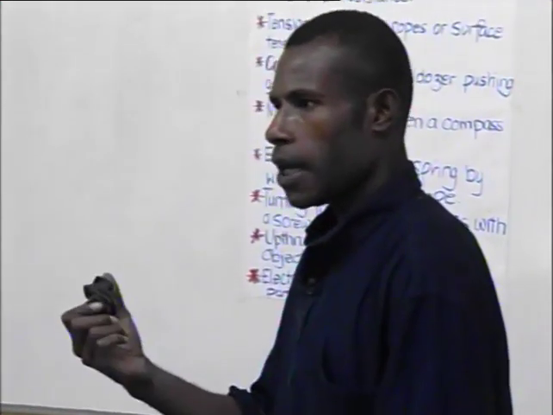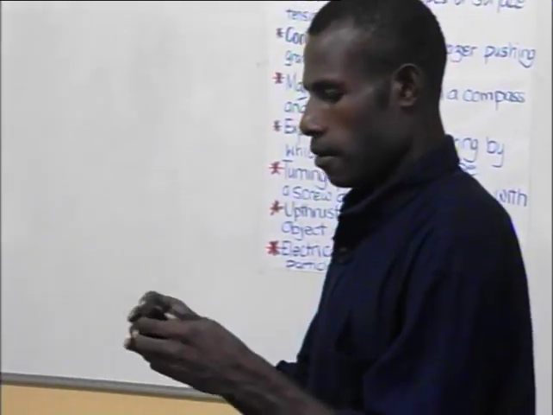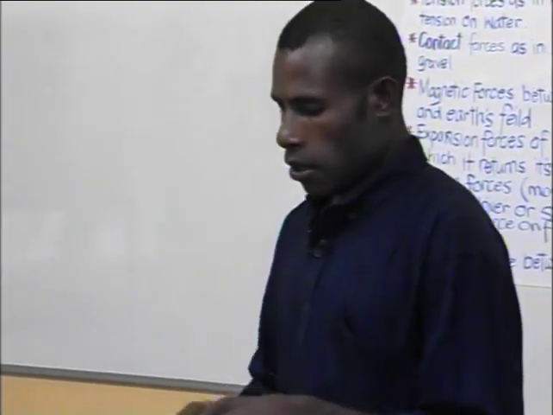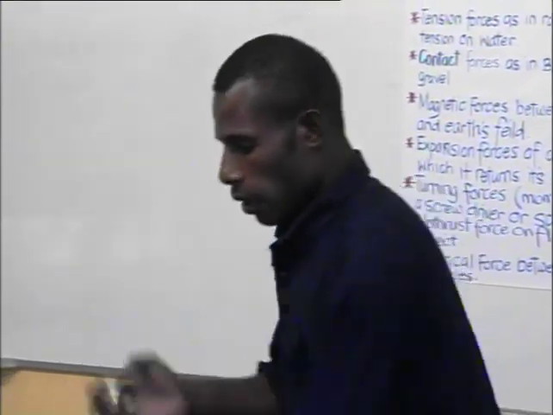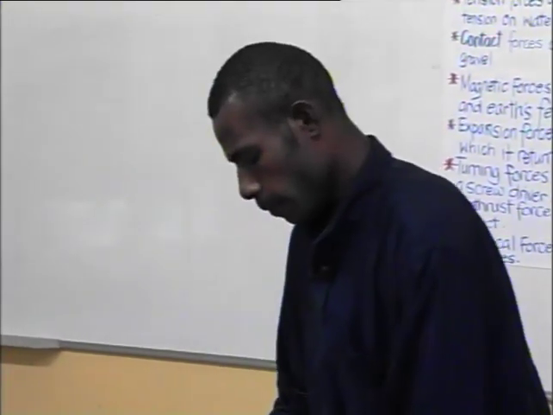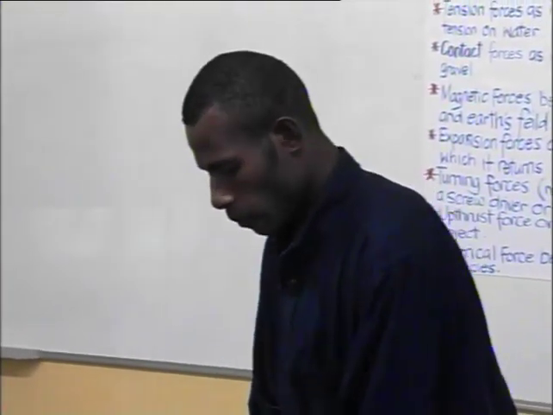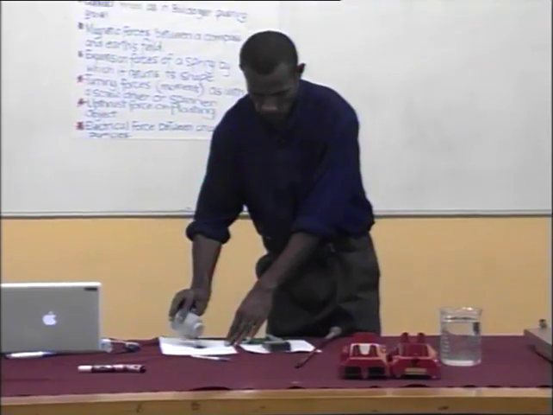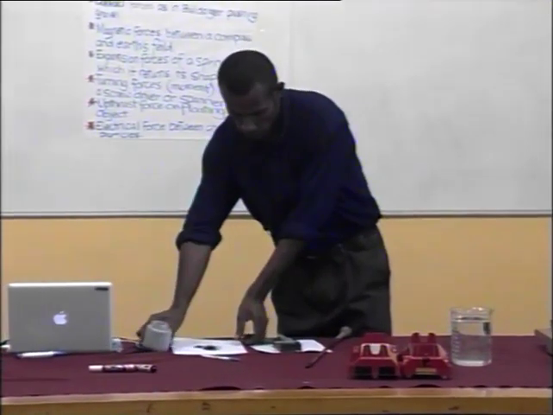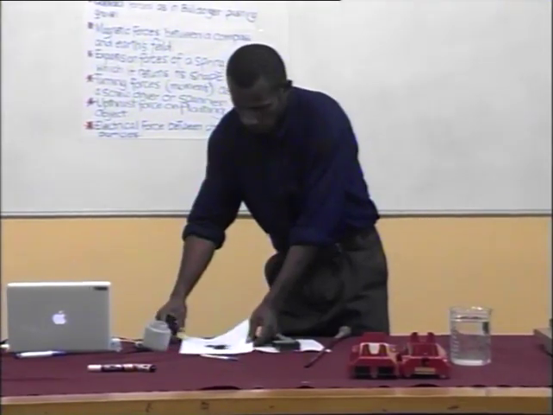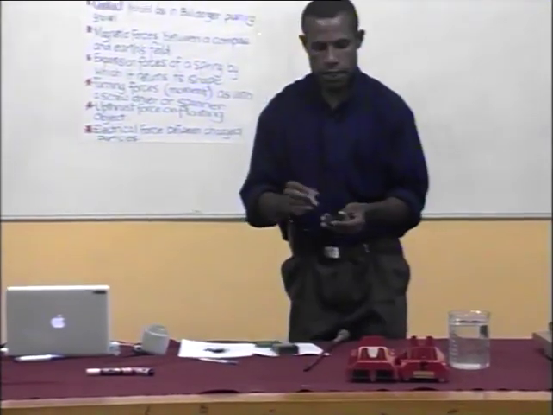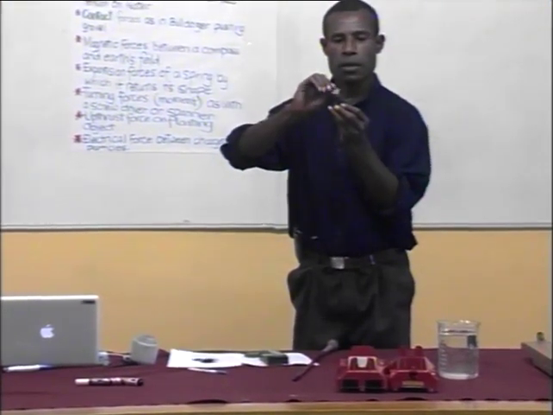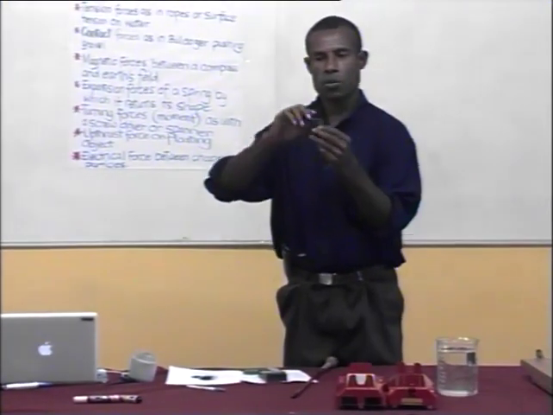If I only have a magnet, this is a part of a magnet that has been broken. I have some iron filings here. This is just a piece of metal, but you will find as I bring it closer, it is taken towards the magnet.